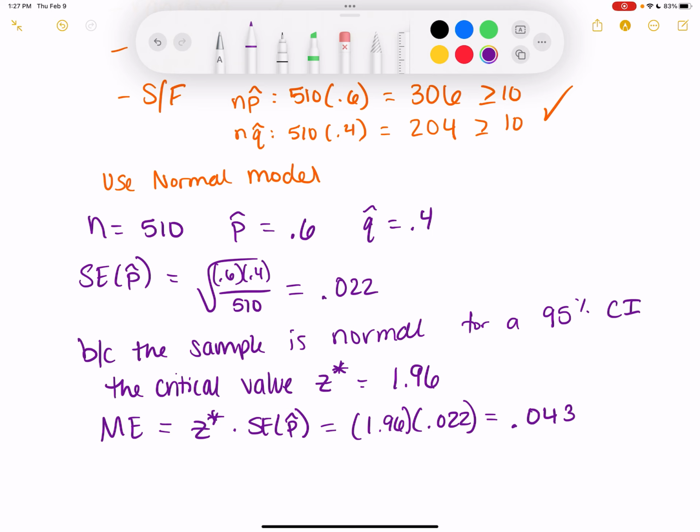So then our actual interval is our P hat plus or minus our margin of error: 0.6 plus or minus 0.043.